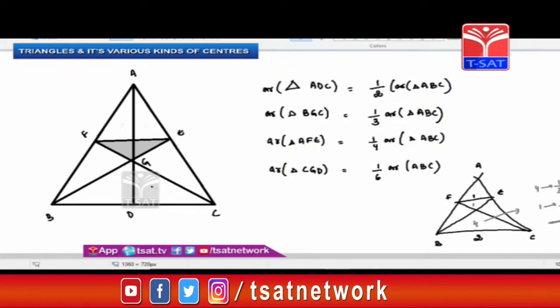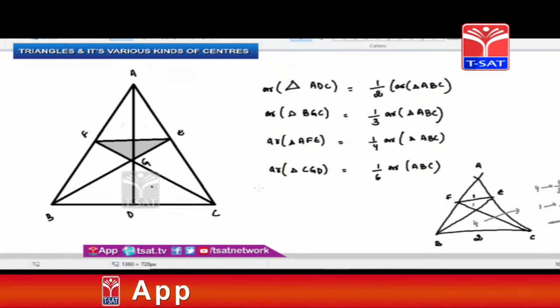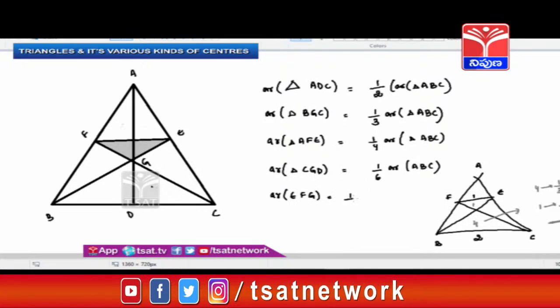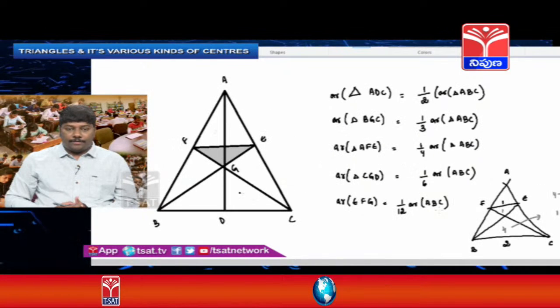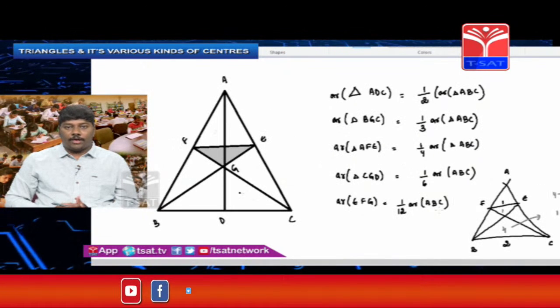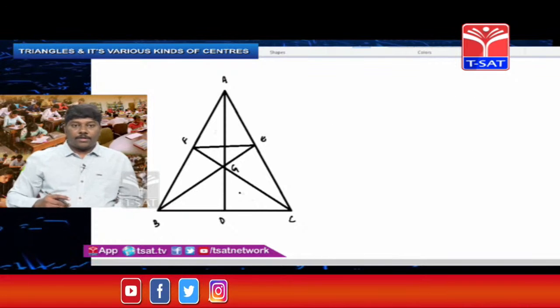Therefore, area of EFG becomes 1/12 of area of ABC. So, area of EFG becomes 1/12 of ABC.